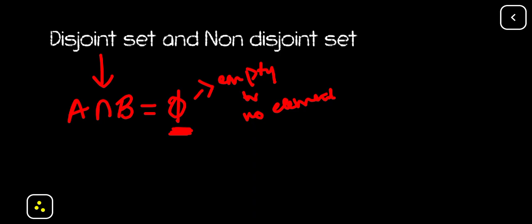So when it says the common element between A and B is equal to empty, or equal to no element, we know it as disjoint set. So any disjoint set has no common element. That is the idea. The major reason why I started with the equation is so that you know the equation for it.